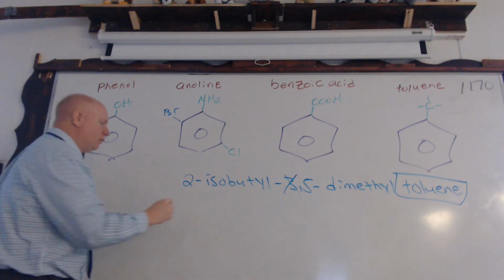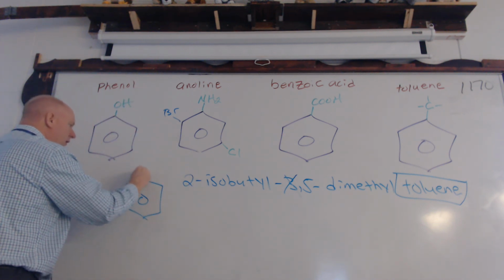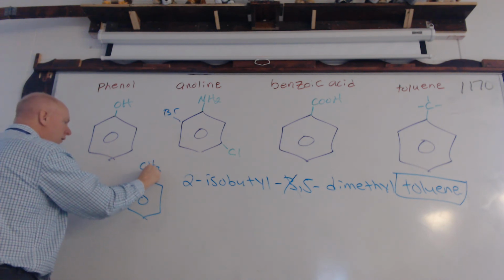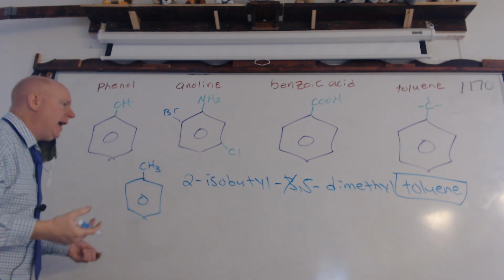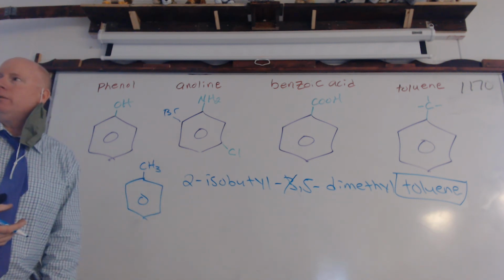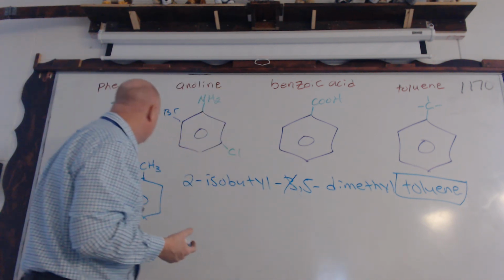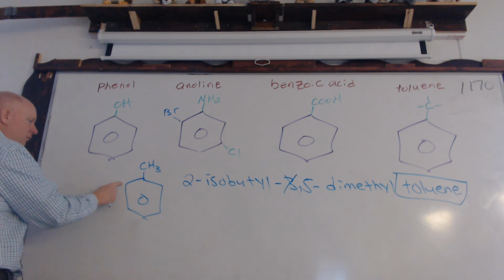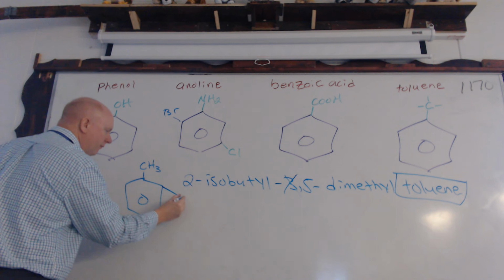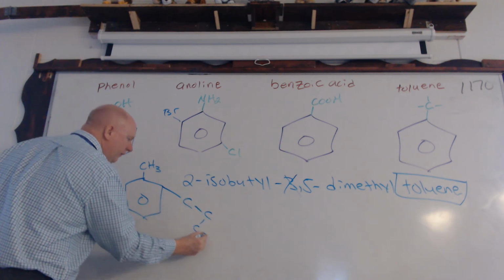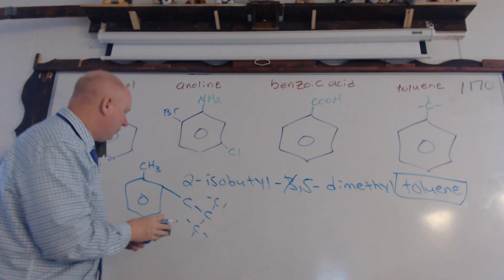Because when you drew that, it probably looked something like this. We notice we don't even have a number 1 on there, do we? None of them. We got 2, 3, and 5. So what you probably might have done is say there's 1, 2, and then some of you have to think back on what isobutyl is supposed to look like.